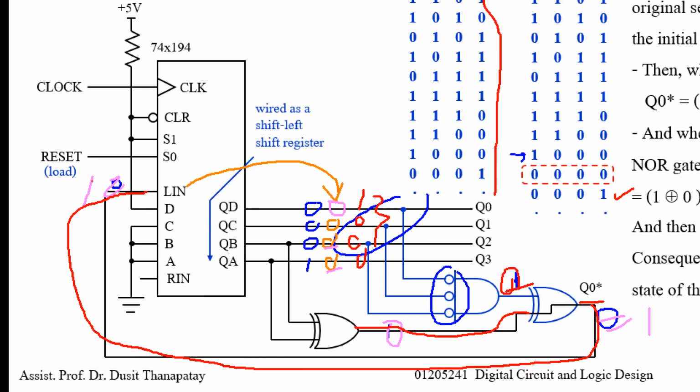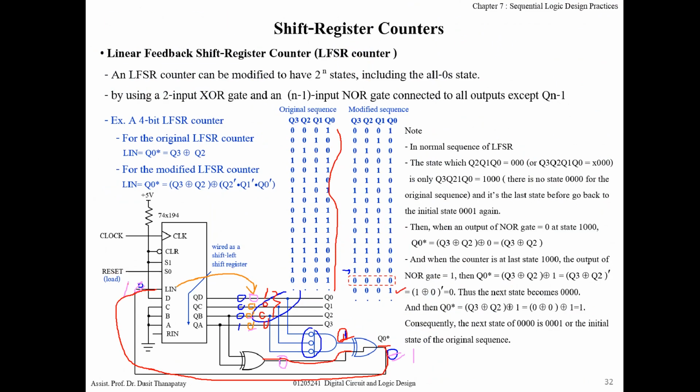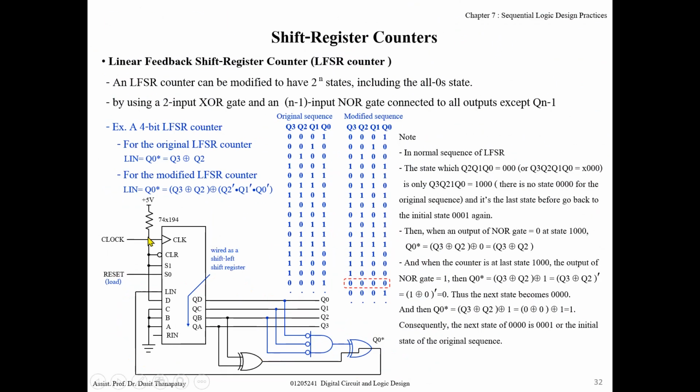So this is an example of an application of shift register to implement a counter. And this kind of sequence with maximum length is sometimes called LFSR, linear feedback shift register.